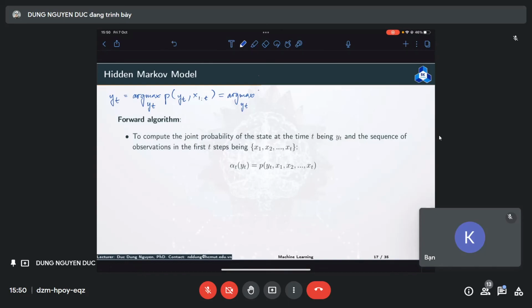Then that will be the sum over yt minus 1 of p of yt and yt minus 1 and x from 1 to t. Is that clear to you guys? This is supposed to be the basics of probability you have learned so far, I suppose. So given that, and given the hidden Markov models that you learned so far, what happens?